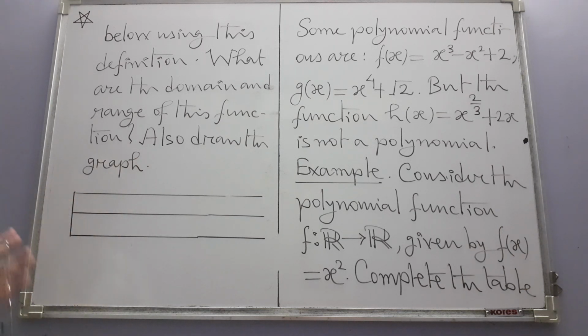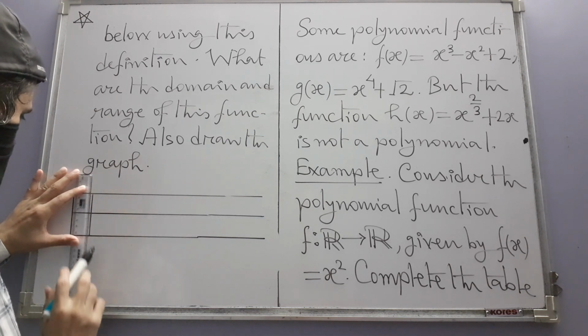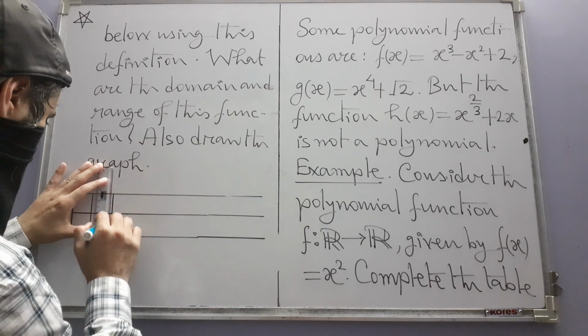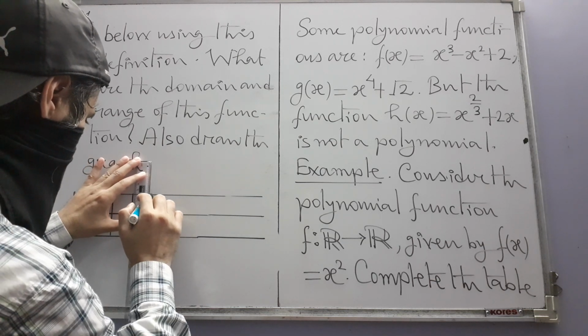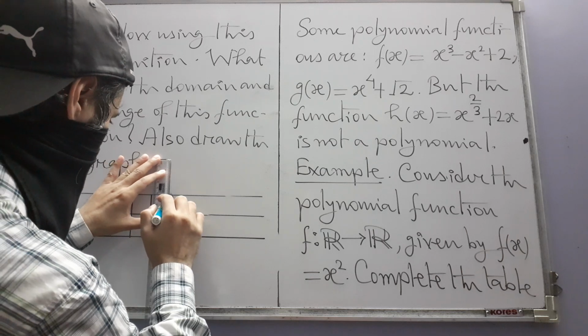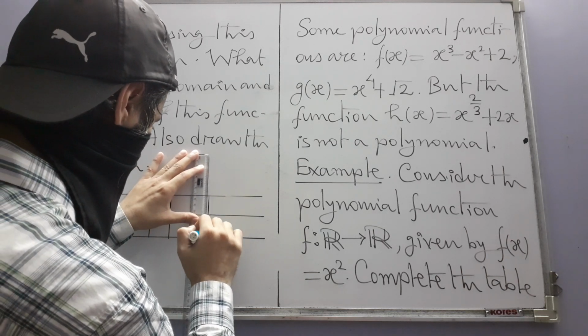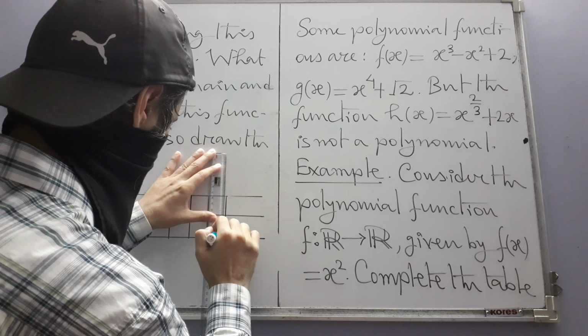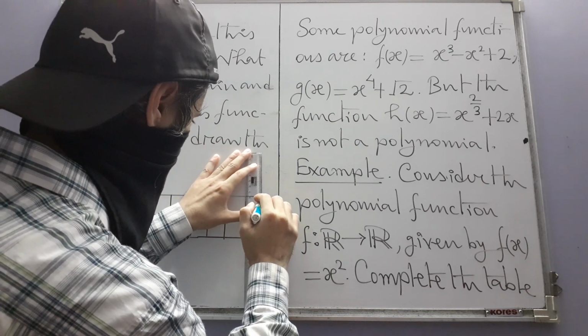There are quite a few values: -4, -3, -2, -1, 0, 1, 2, 3, 4.